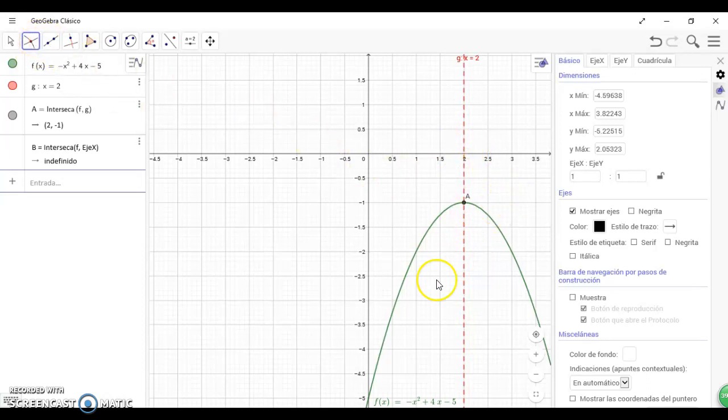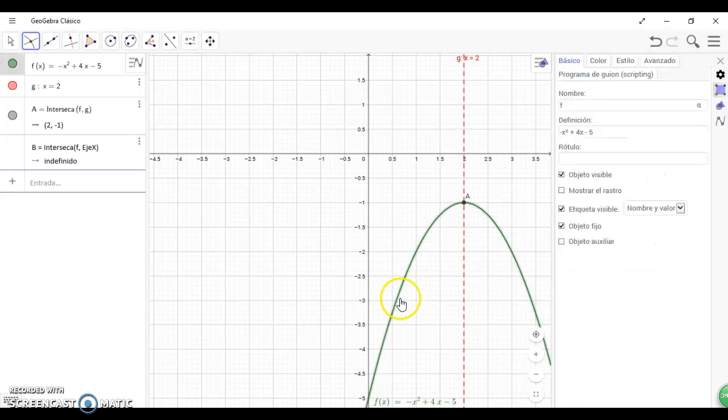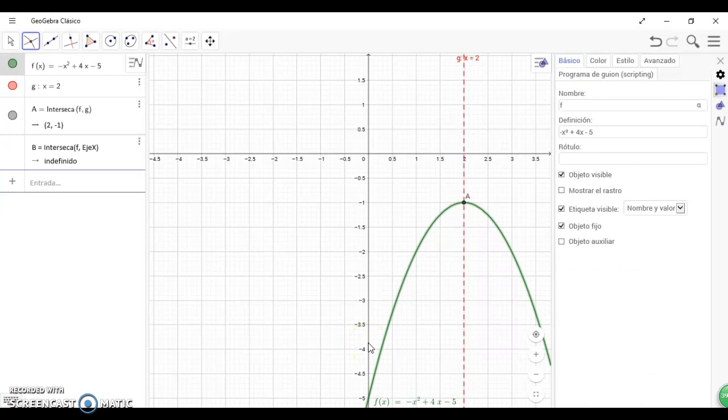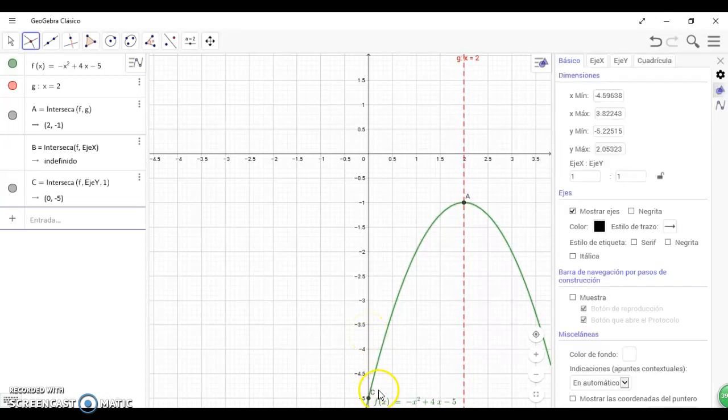So now we need to find where the y-axis is located. So the same procedure, you choose the graph and the y-axis. So there is the point of the y-axis.